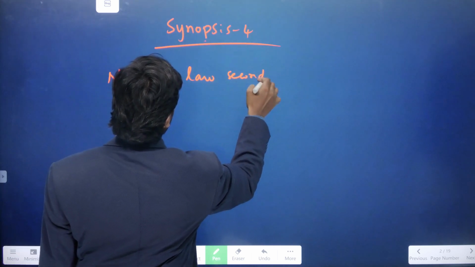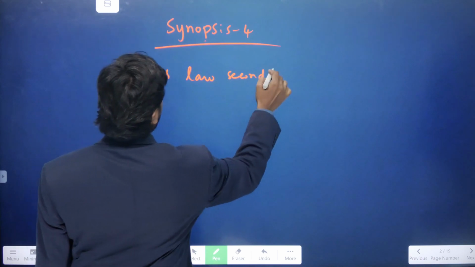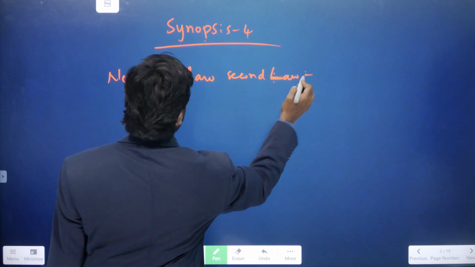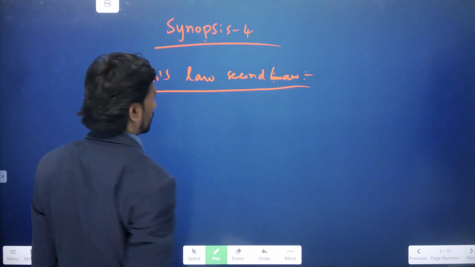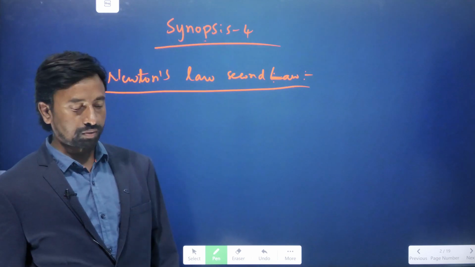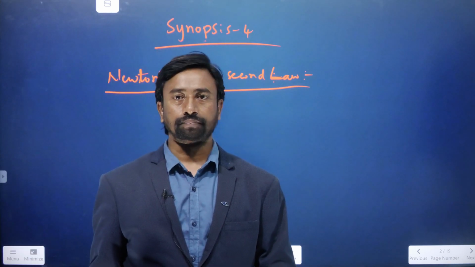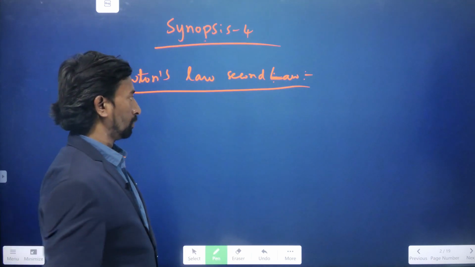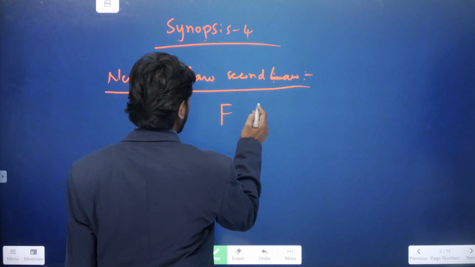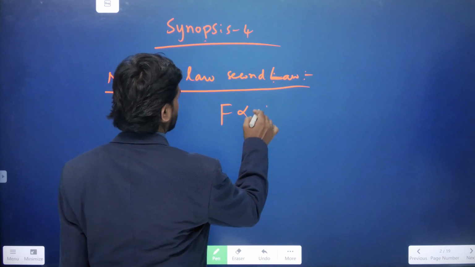In Newton's second law, what is explained? The rate of change of linear momentum is directly proportional to the external force applied on the body, so dp by dt.